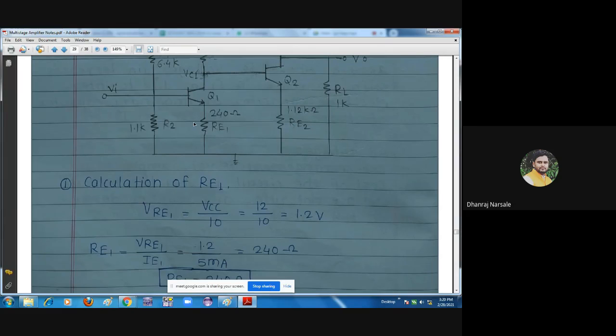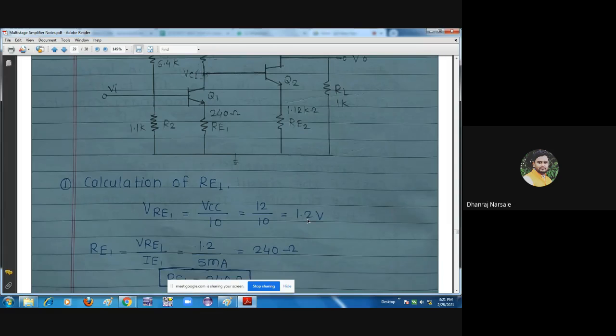That means the current flowing through this is IE1. Here the incoming current will be IB1, the base current for the stage number 1, and here the current flowing through this terminal or this branch will be the IC1. Okay, so we should know the value of IE1 and value of VRE1. So here we have calculated the value of VRE1 according to the design guideline of amplifier, that is 1.2 volt.